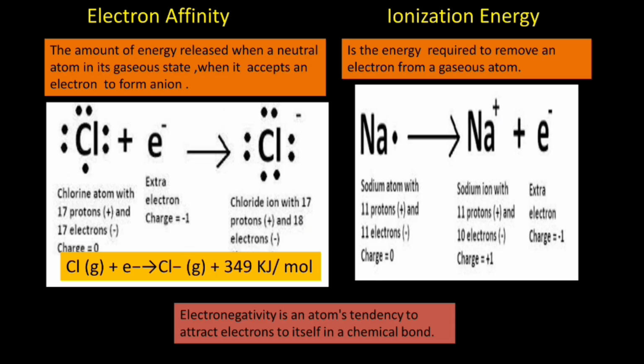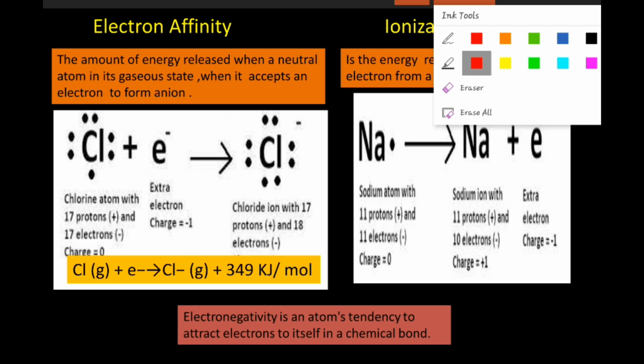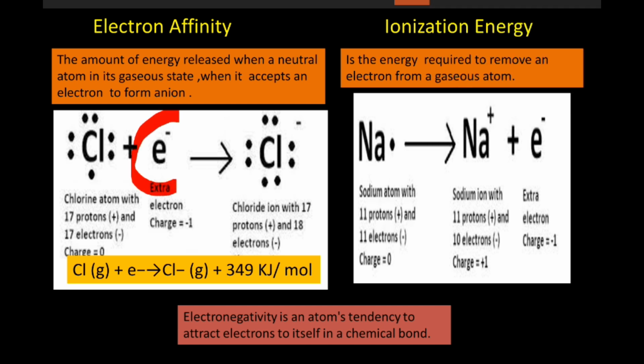Now what do you understand by electron affinity? It is the amount of energy released whenever you take a neutral atom. For example, we have taken chlorine here, which is neutral. The charge of the neutral chlorine is 0. We are going to add an electron to the chlorine. We know when you add an electron, it forms a negatively charged anion, right?